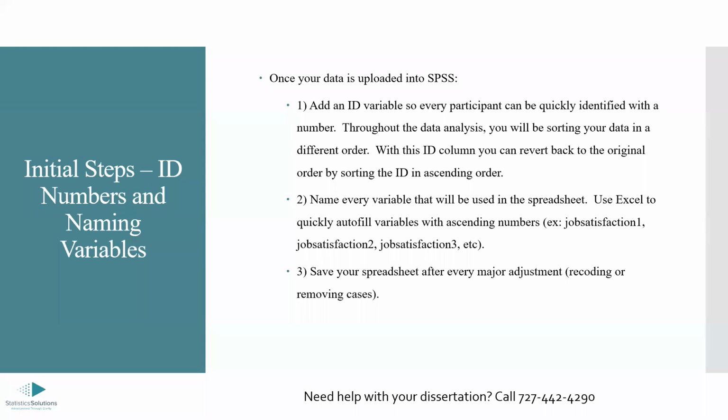The first step you want to do once you receive your spreadsheet is you want to add an ID variable to every participant. So every row of your data, rows are going to be participants and columns are going to be the variables of interest. Every single participant or company, whatever the unit of interest is, you want to give them all an ID number.